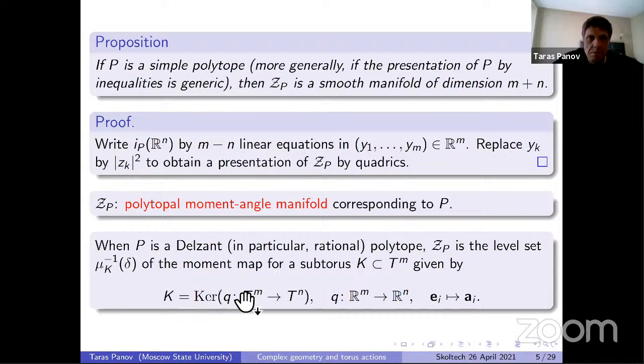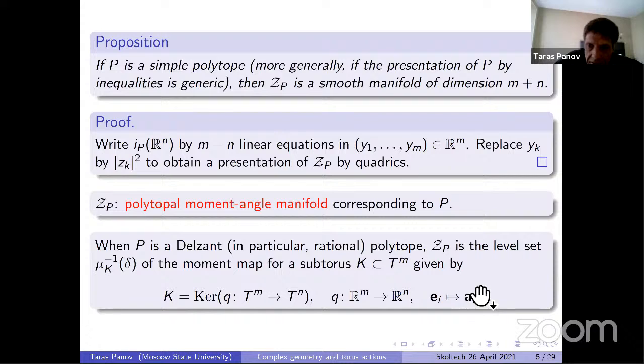Okay, so this is a moment angle manifold. You start with a polytope and you write down an intersection of quadrics. And if P is a Delzant polytope, in particular rational, then this gives you back precisely the original construction, the level set for the moment map of the subtorus, giving us a kernel of this map.